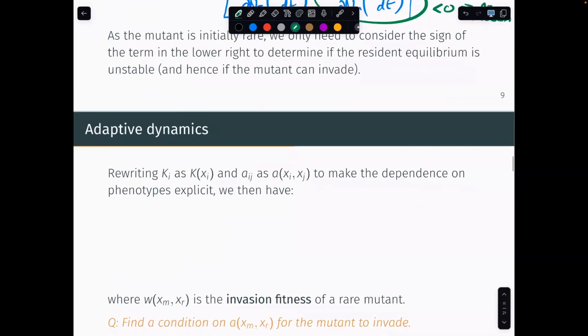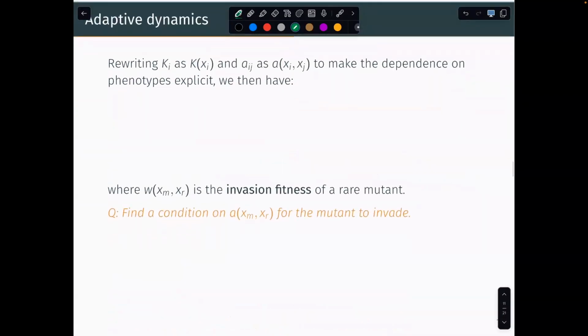Okay, so let's think about what this term is. That term from the bottom right of the Jacobian, d by dN_M of dN_M/dt.